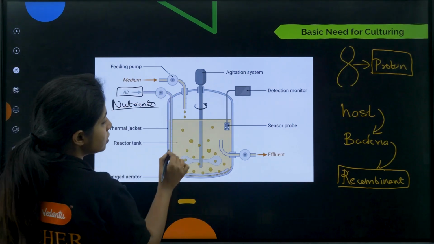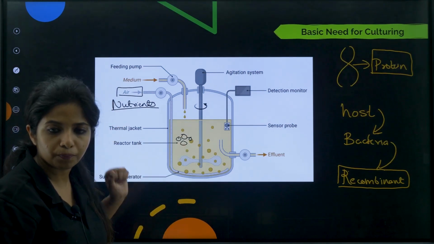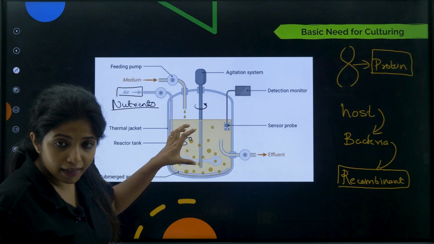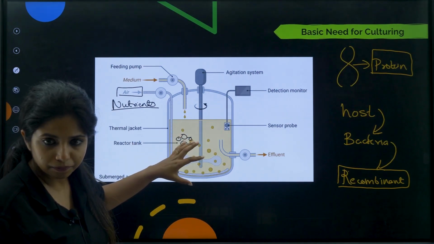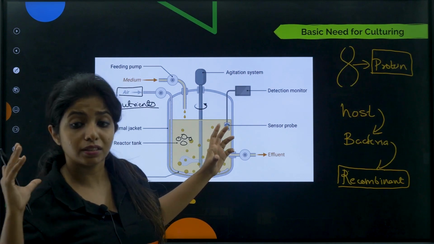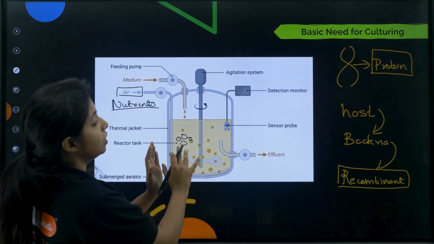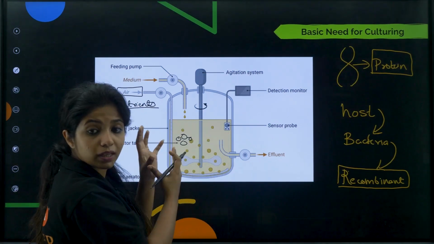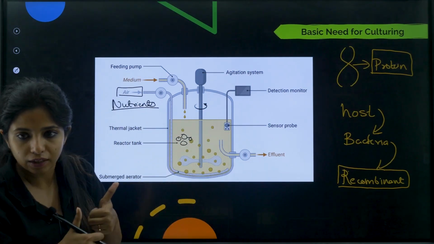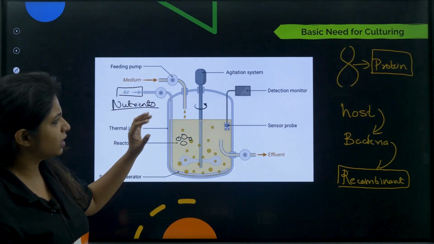Suppose the nutrients are all accumulated on this side and the air is coming more towards this side. Then only the bacteria surviving on this side would be able to grow, obviously. But if there is a system to stir them, the nutrient put over here would be mixing along with things, and the air also will mix along with things, and it will be really great. So we definitely want all this. That's a basic thing.